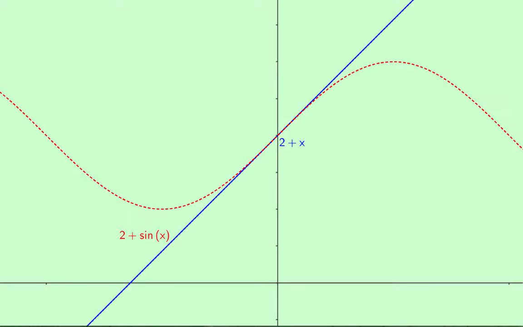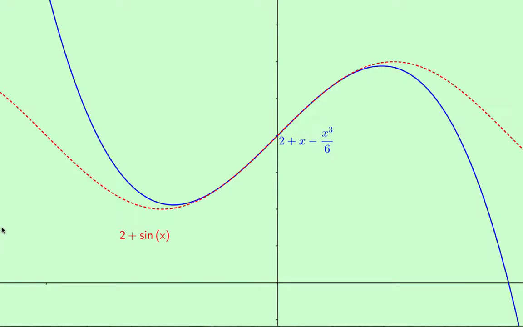Now this does better because you can see that near x equals 0 or y equals 2, this is doing a reasonably good job. However, we can do better. And now we have 2 plus x minus x cubed over 6. So we've gone to 3 powers of x, and you can see it's better.